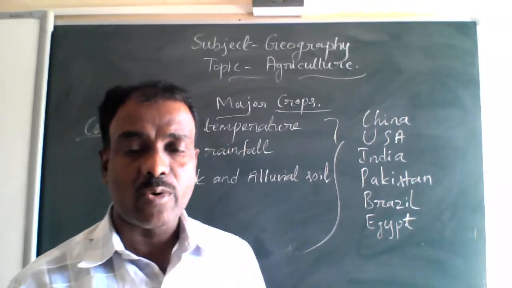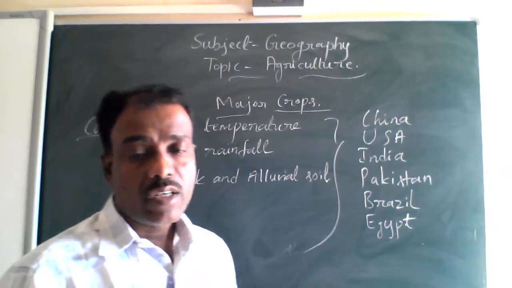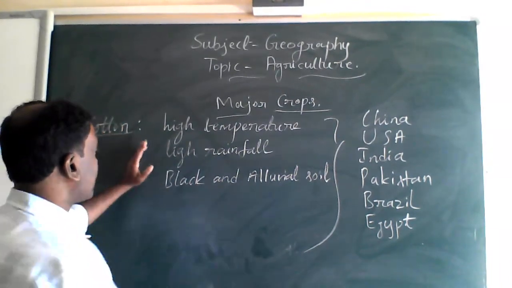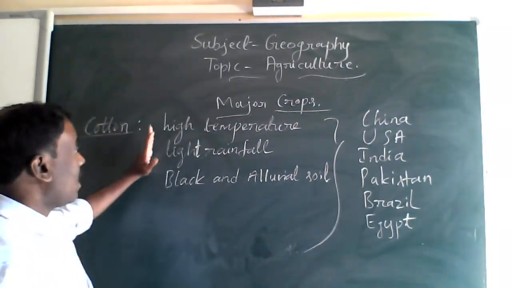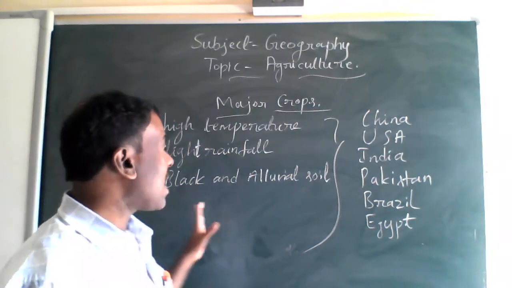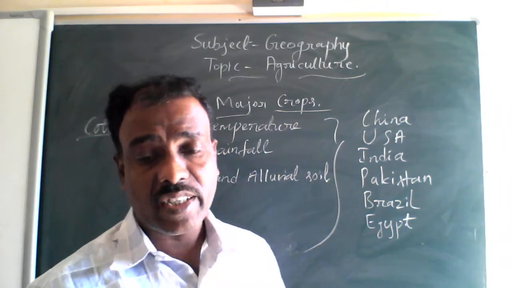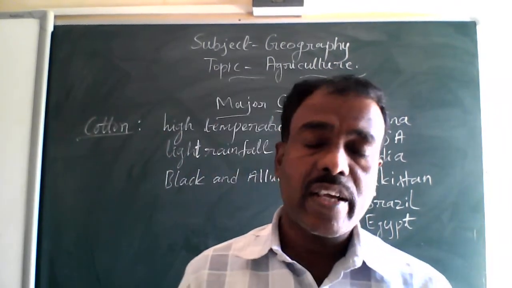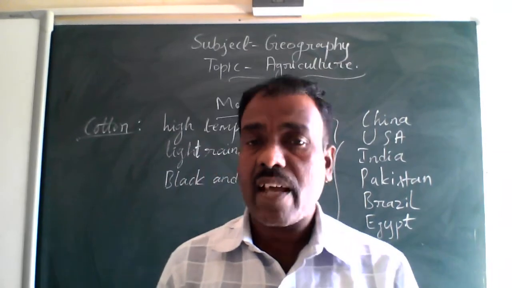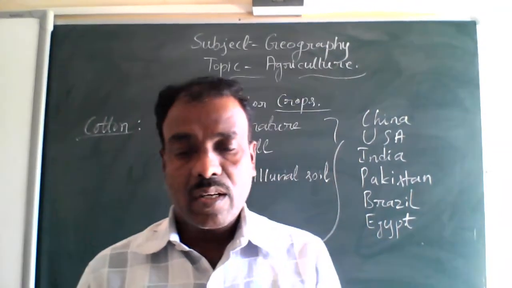So once again I would like to repeat, students: cotton requires high temperature, light rainfall, and is suitable for black and alluvial soil, and it takes 210 frost free days and bright sunshine for its growth. Understood now.